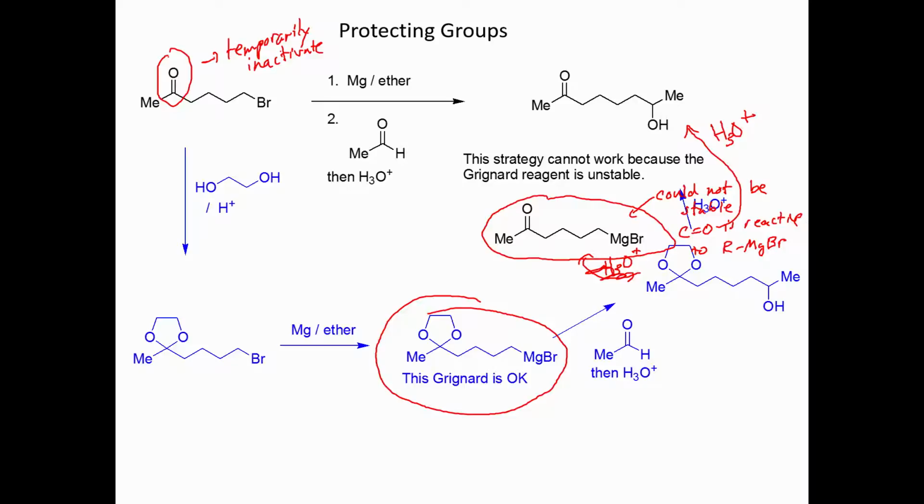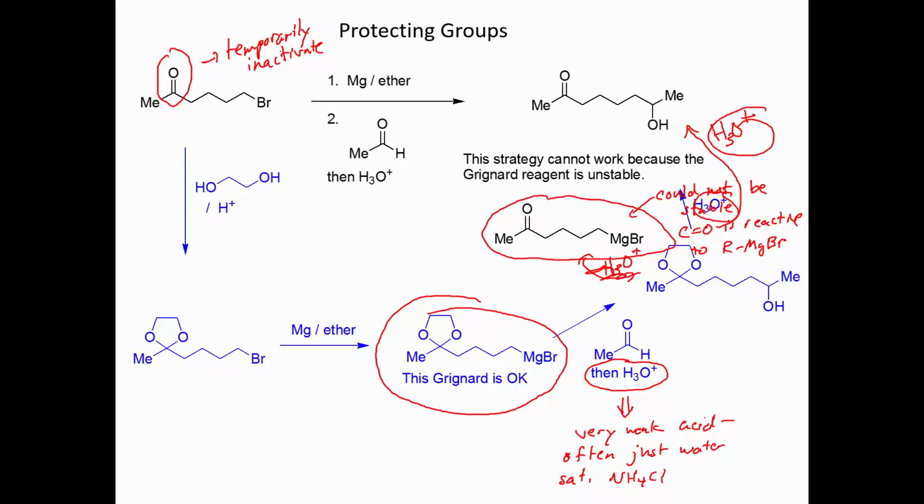Let me just say one thing about this equation before we move on. There's some H3O plus here, and there's some H3O plus there. The H3O plus used to quench Grignard reactions is usually a very weak acid. Often it's just plain old water. Often it's also saturated NH4Cl.